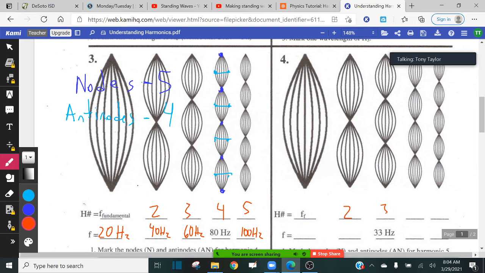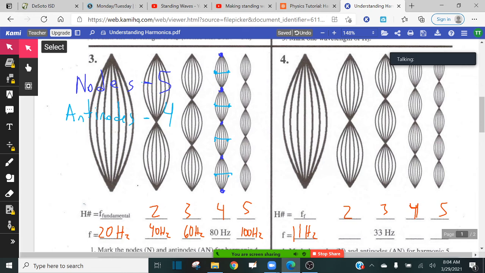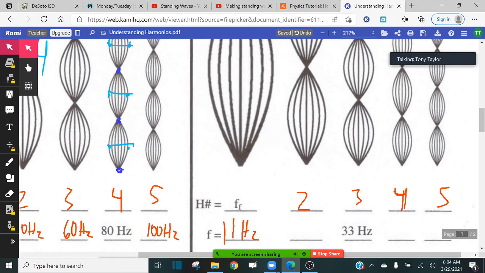This is our second harmonic, third harmonic, fourth harmonic, fifth harmonic. Now guys, in this example, they tell us that the third harmonic has a frequency of 33 hertz. So what is our fundamental frequency? Well, we'll just do 33 divided by 3, which is equivalent to 11 hertz.